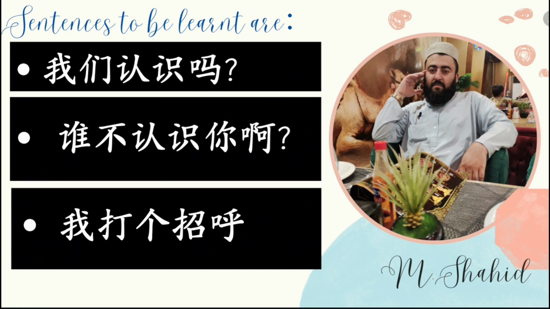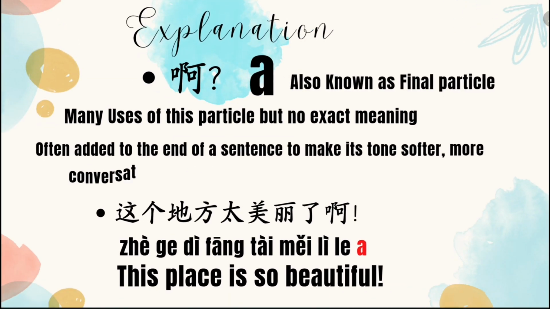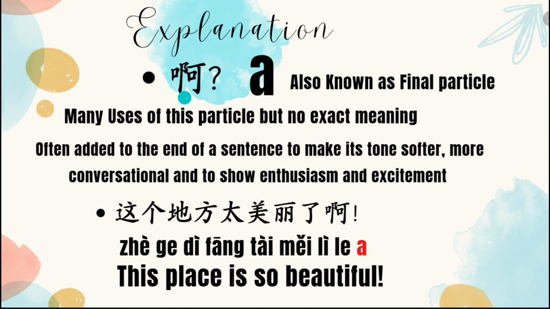Now I will proceed towards the next slide and talk about this modal particle a at the end of a Chinese sentence. Here is the explanation part for this modal particle a, also known as final particle. There are many uses of this particle but no exact meaning, but the role of this is very important in a Chinese sentence, okay?